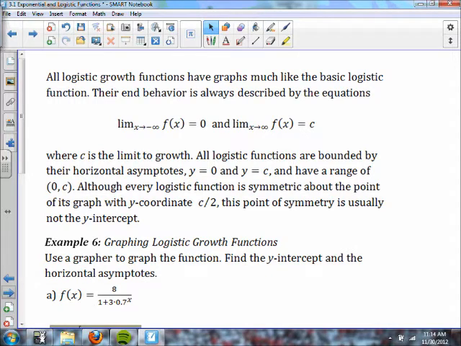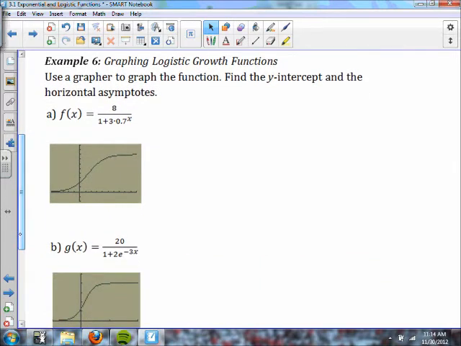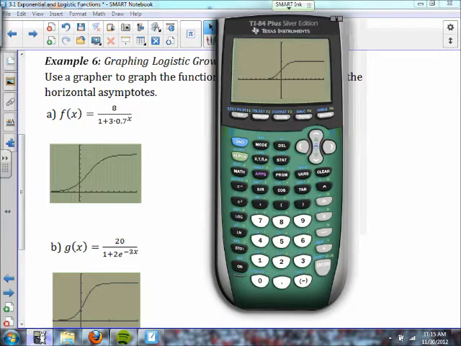Look at example 6. Okay, I graphed it here. I'm going to give you the points and everything like that. So why don't you put that into your grapher first for 3.1. So into our calculator, we're going to put this. 8 divided by 1 plus.